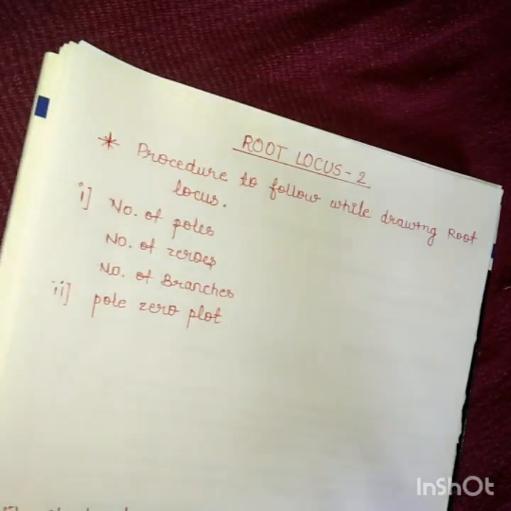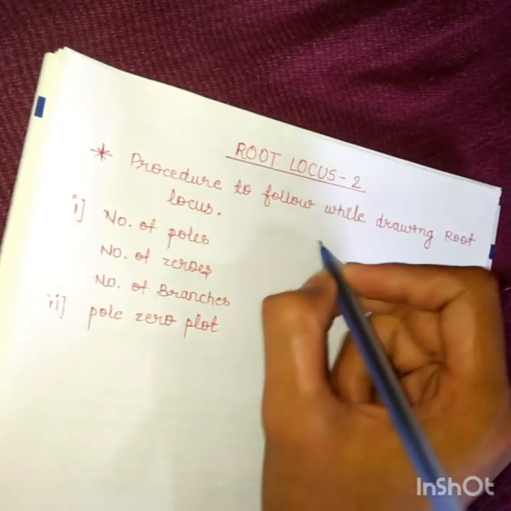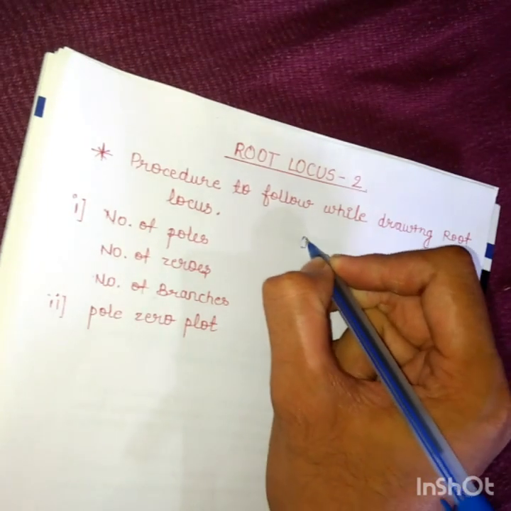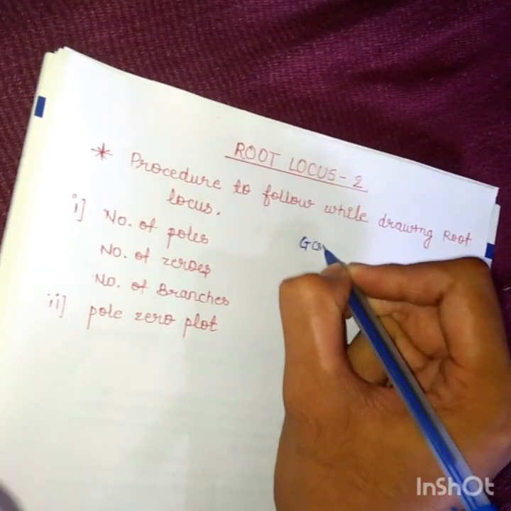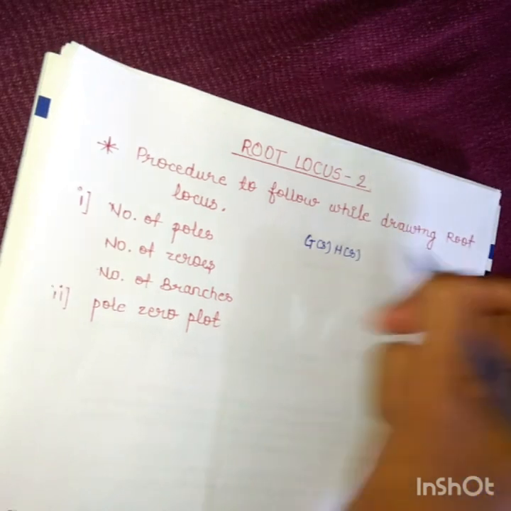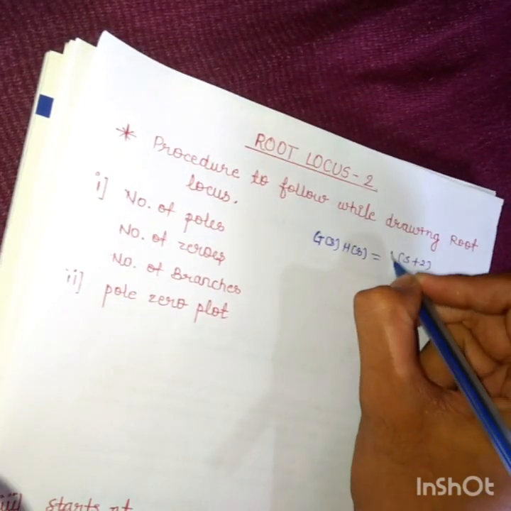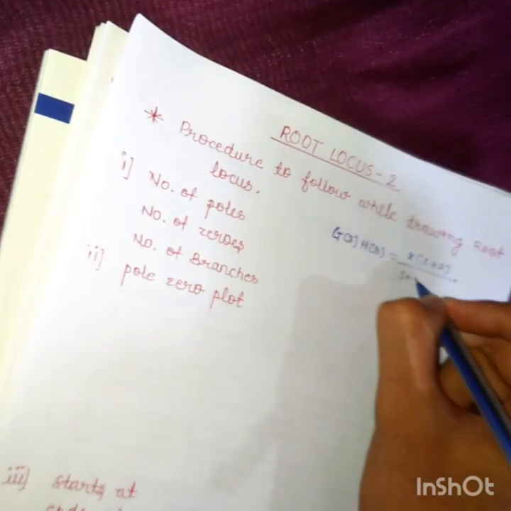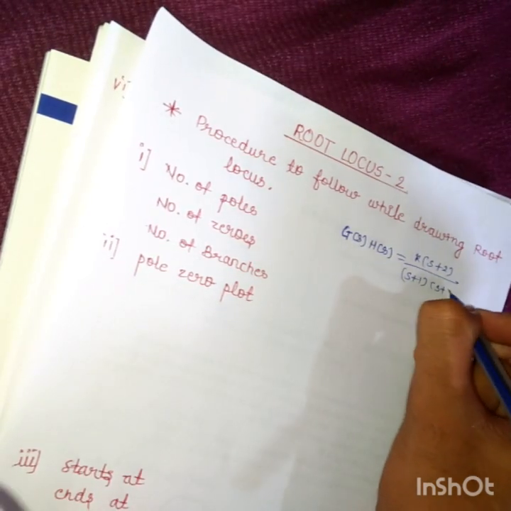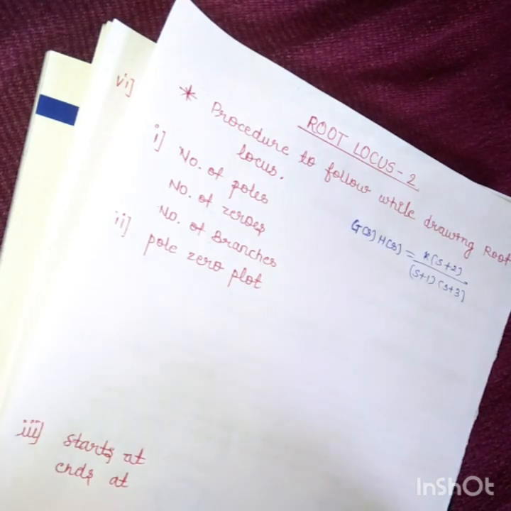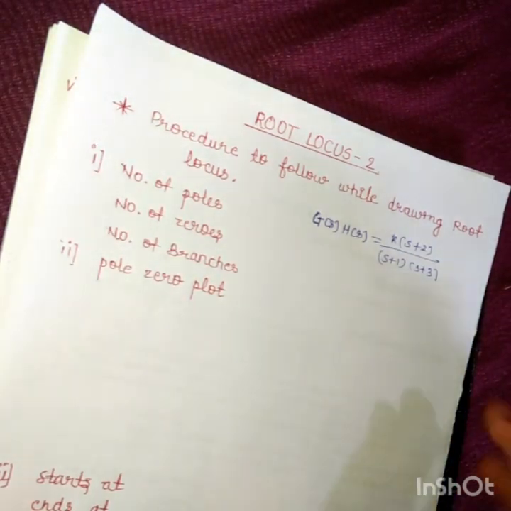So if the given transfer function is G(s)H(s) equals (s plus 2) divided by (s plus 1)(s plus 3), suppose this is the given transfer function.